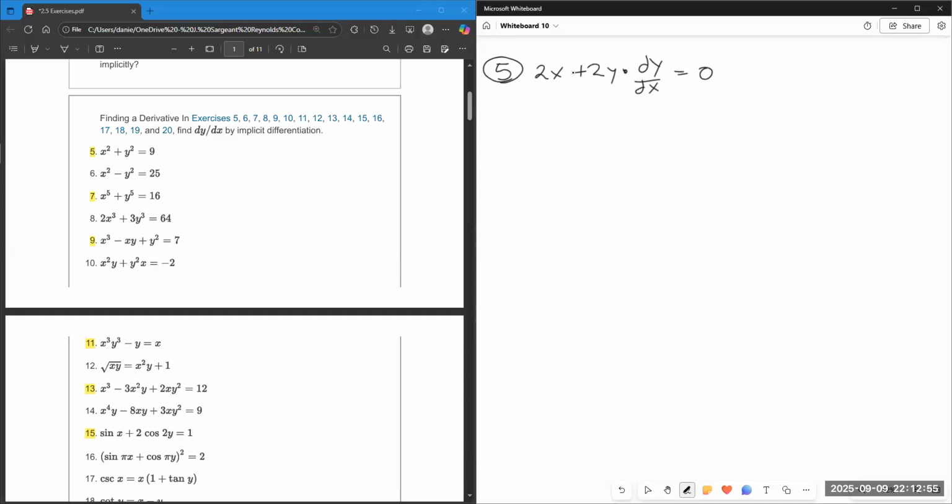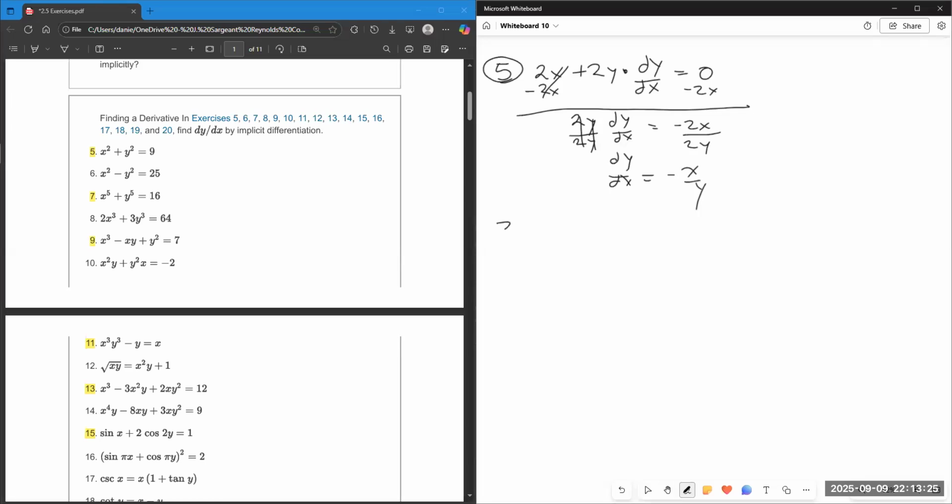The derivative of the constant 9 is 0. Subtract 2x from both sides. Get 2y dy dx is equal to a negative 2x. Divide both sides by 2y. dy dx is equal to a negative x over y.